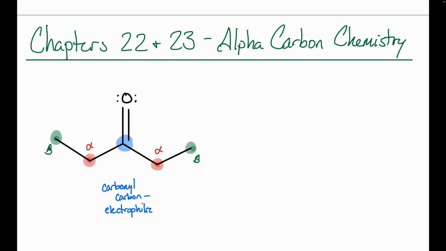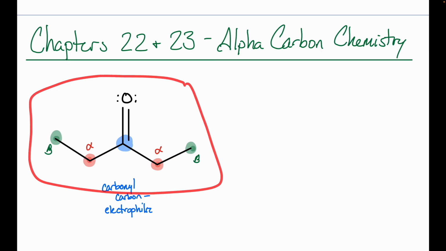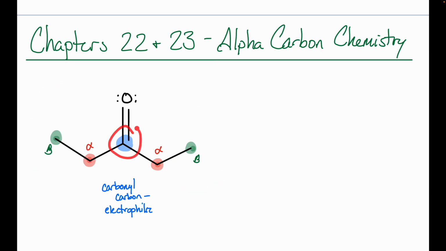All right, but our focus here is on these alpha carbons, and chemistry that occurs at these alpha carbons. So up until now, everything that we've learned about aldehydes and ketones has been centered around that carbonyl carbon playing the role of the electrophile. Now we're going to learn about these next door neighbor carbons as well. They turn out to be pretty interesting.